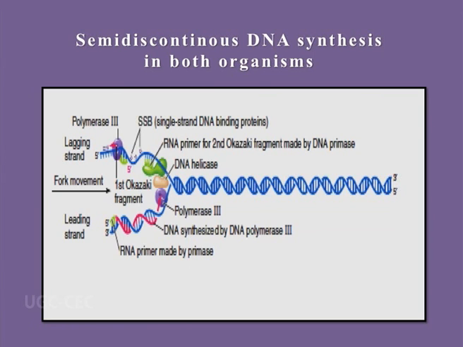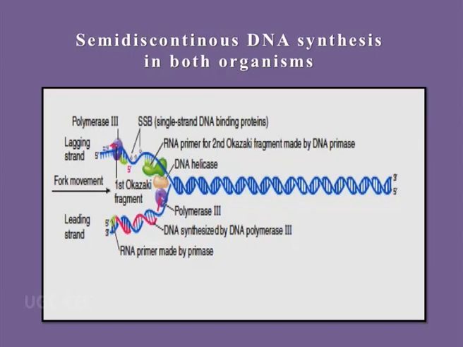Since there are two strands or two templates, it gives rise to two newly synthesized DNA molecules. One strand is being synthesized continuously, moving in the direction of the replication fork, and this is known as the leading strand.